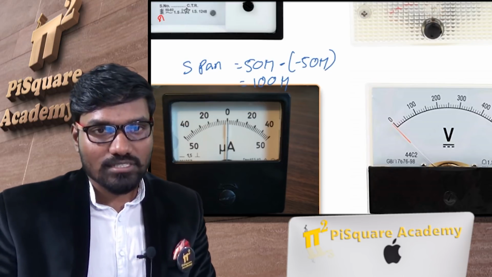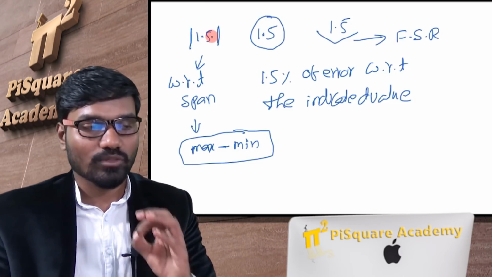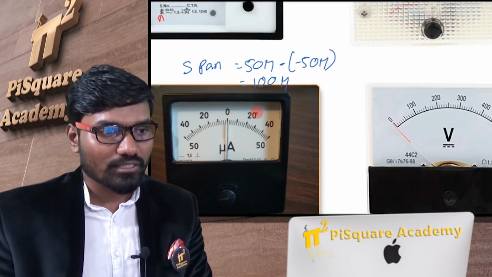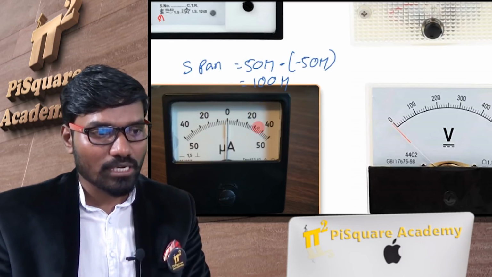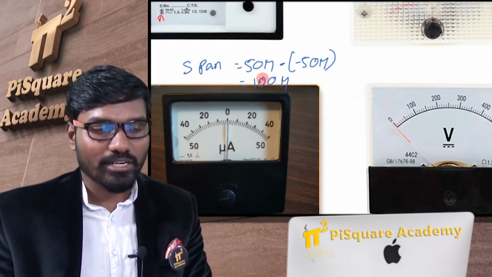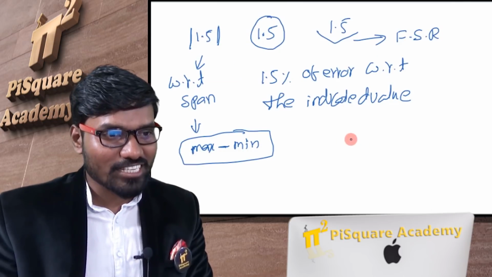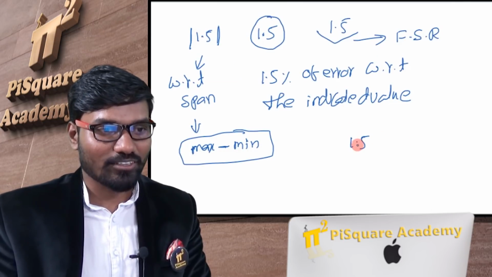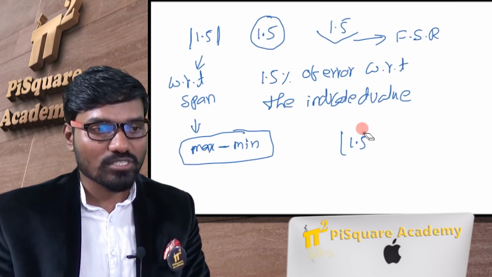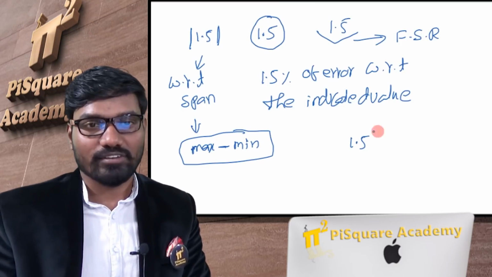Okay. So if the symbol is given like this, means what? If the symbol is given like this, it is with respect to span. If it is given like this, it is full scale reading. So for this instrument you tell me what is the full scale reading? 50 micro. What is the span? 100 micro. Okay. Now if just like this it is given 1.5, no two lines here, no circle, no this kind of symbol, just 1.5 is given like this.